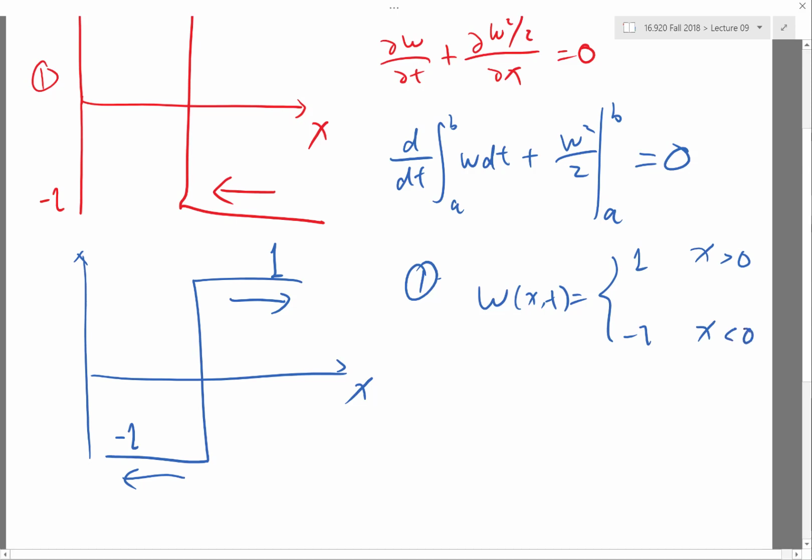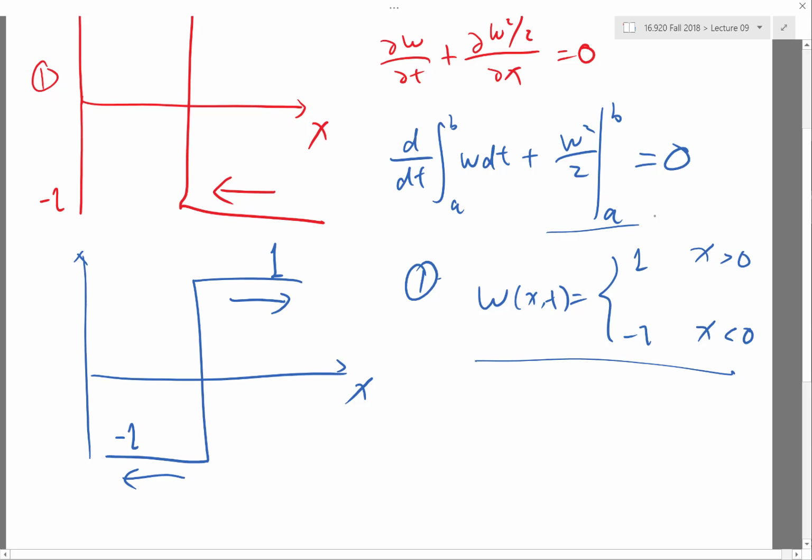We can easily see that this satisfies the equation, because if the solution stays like this, the flux stays constant, being half, no matter where X is. W squared is always 1, because no matter if W is 1 or -1, the square of it is equal to 1. So the flux is always equal to half, no matter where it is, and the difference between two positions is always 0.